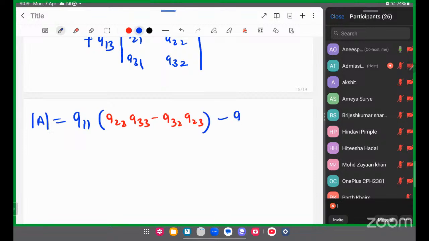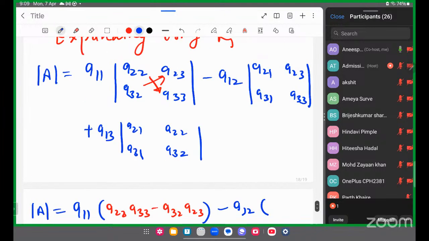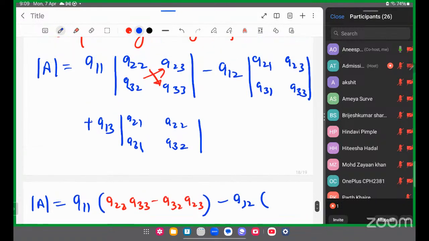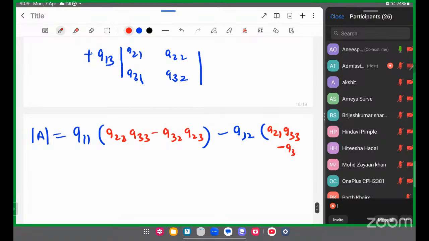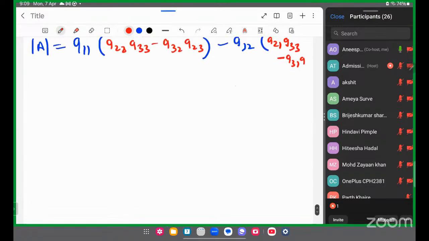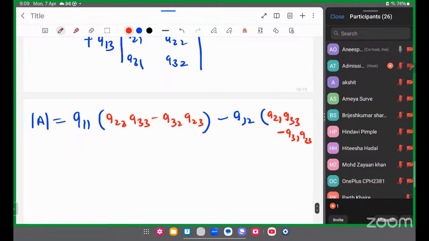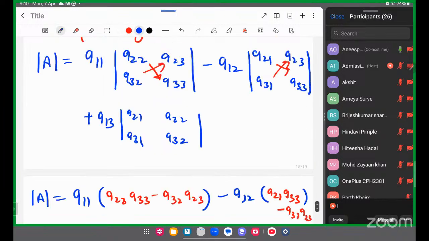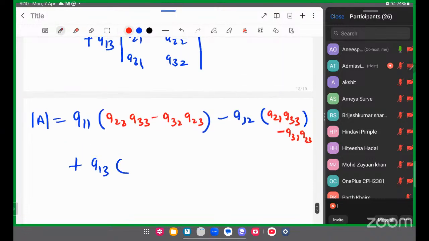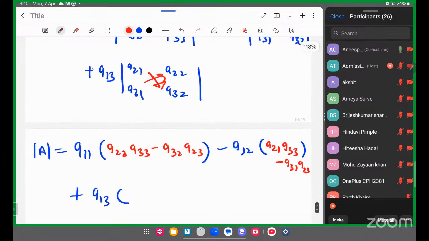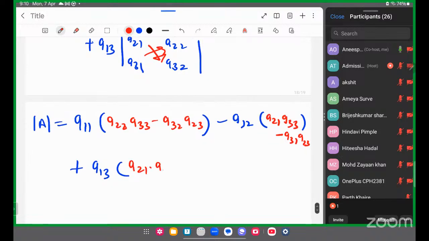Now we will have A12 with minus sign, and inside the bracket we will have A21, A33 minus A31, A23. Bracket close. Then we have plus A13. So this will be A21, A32 minus A31, A22.